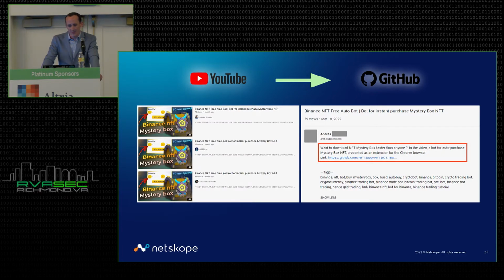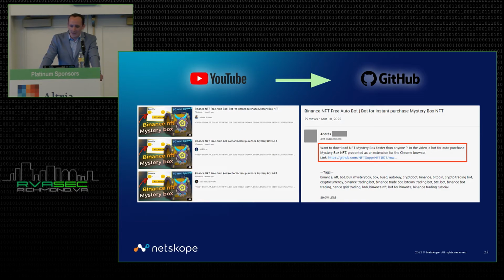And the way we saw somebody distributing Redline Stealer was purely let's hit people where they're probably seeking out information, not go after them with email. So they spun up a YouTube channel and talked about something that they figured everybody would get excited about, cryptocurrency. Crypto YouTube channel.